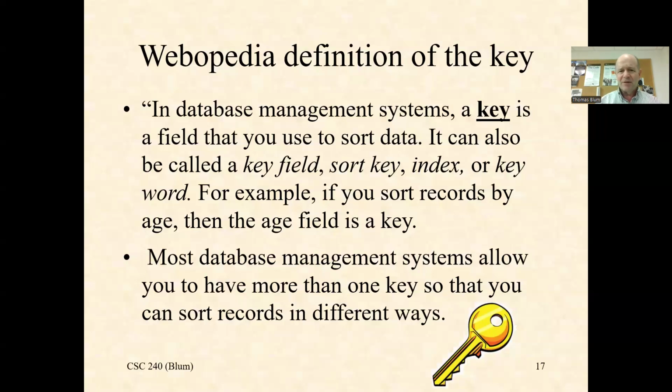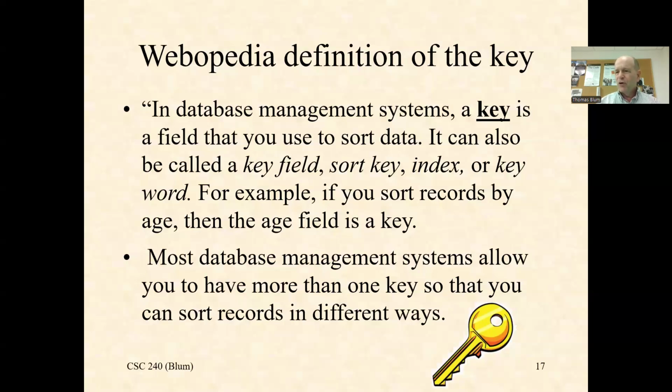An index is, in some sense, a more generic thing. It means that I've arranged my data in a way that if one of my fields is an index, then I can use that property to pick out the record, either a unique record or a set of records, pretty quickly.